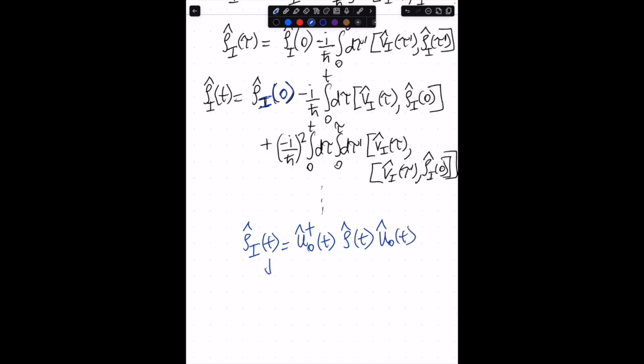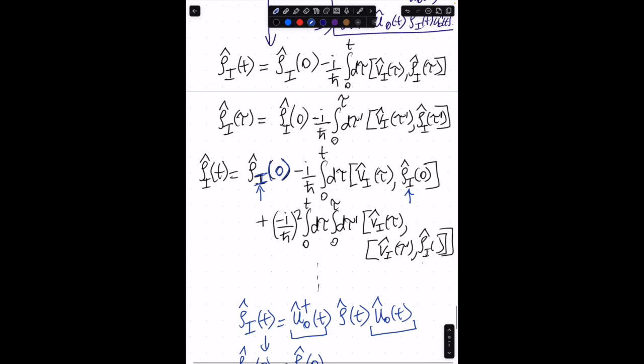So at time equal to 0, these will just be identity operators because there's no evolution in time. So you're just left with rho 0, so you can drop this I everywhere. Yes, I apologize. This is not 0. That is not a good mistake to make. This would be tau prime here, not 0.